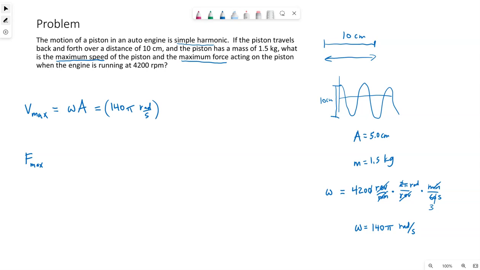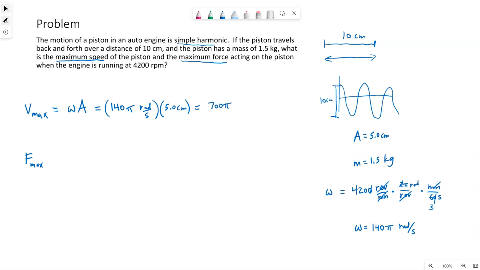A, our amplitude. If we leave this as 5 centimeters, our units for our maximum speed will be in centimeters per second. So let's see what we come up with here. 140 pi times 5 would be 700 pi.